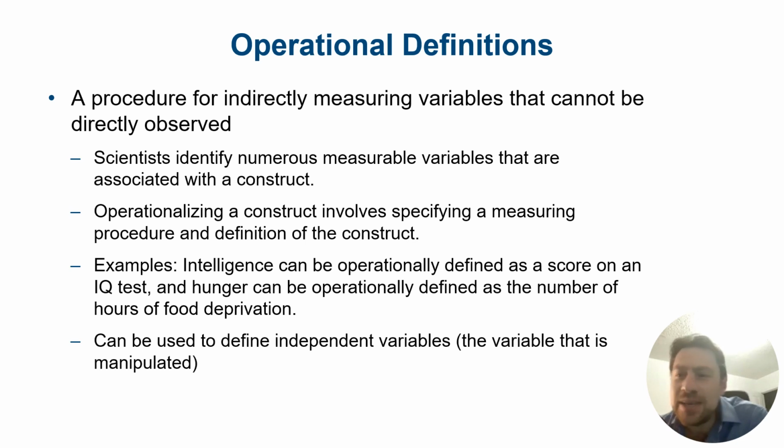So if you want to study something like happiness, let's say you have a hypothesis that spending time in nature makes people happier. Okay, that's fine. But now you have to pause and think about how you're going to measure happiness. You can't measure it directly. There's no magical happiness meter.